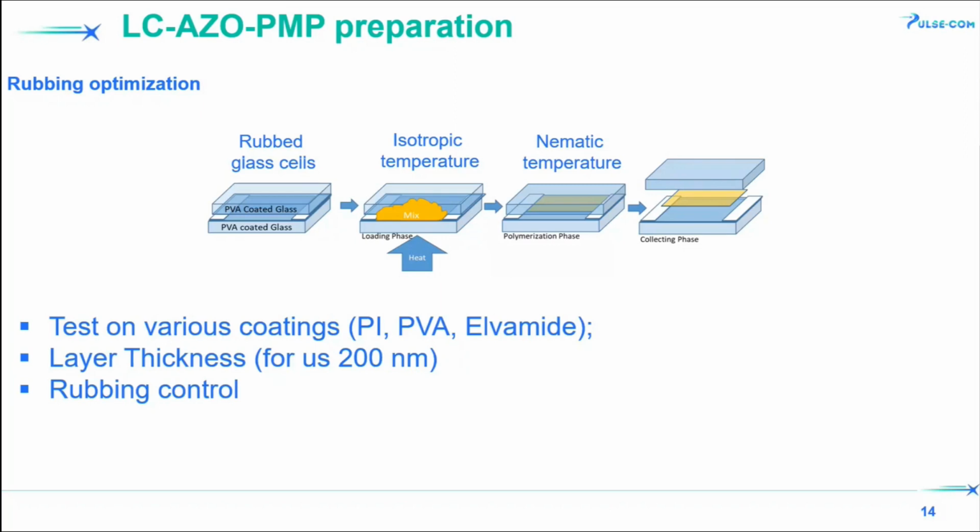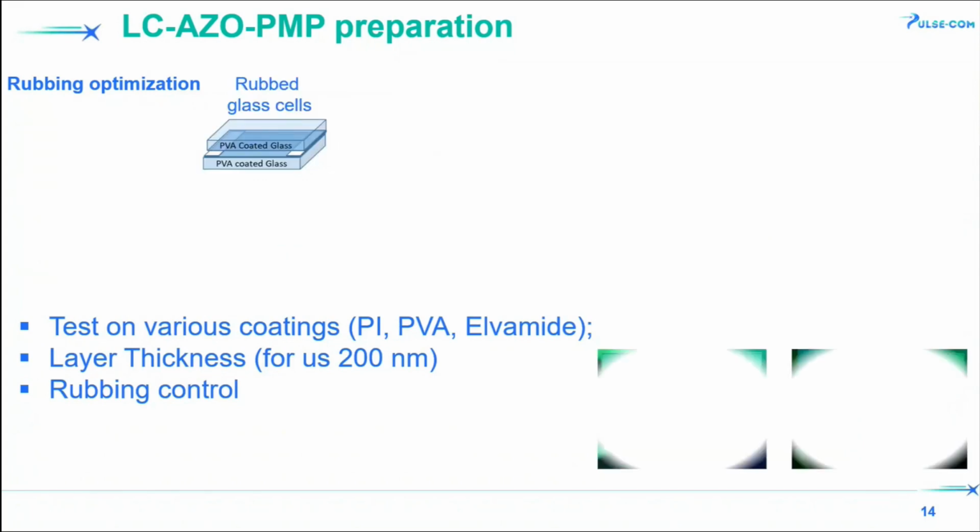For example, test various polymers for your coating, because maybe different polymers will interact differently with different liquid crystals. Check the layer thickness. For us, for example, for this mixture, we're using a layer of Elvamide that we coat on the glass. It works best when it's 200 nanometers.